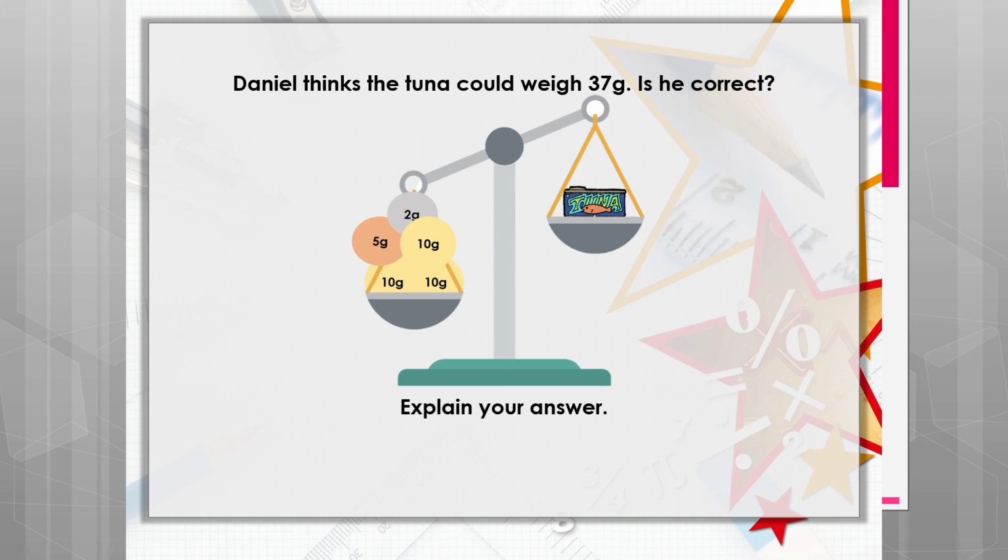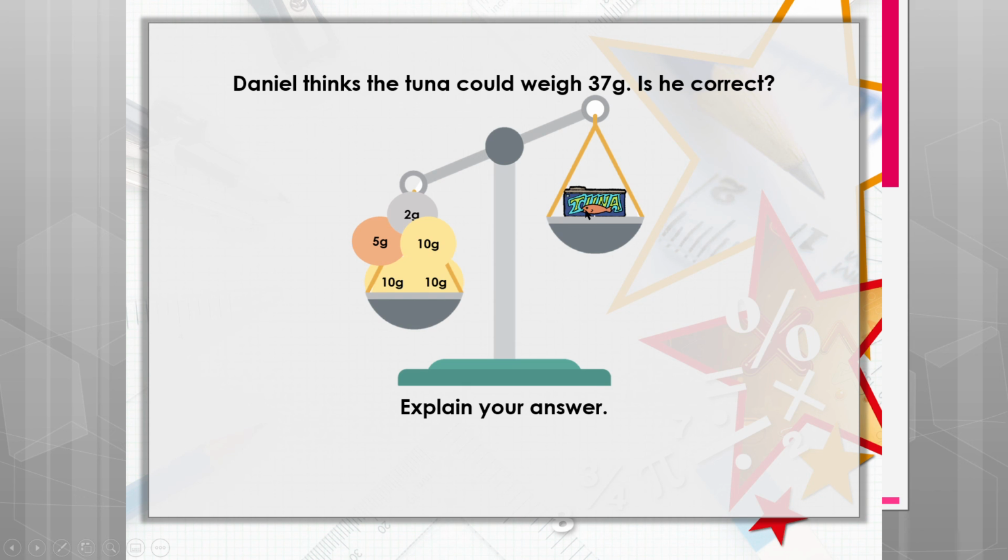Okay, so now I'm going to tell you the answer. Here, 2 grams plus 10 grams plus 10 grams plus 10 grams plus 5 grams is equal to 37 grams. Daniel thinks the tuna could weigh 37 grams, but the tuna is lighter than 37 grams. You can see on the scale that 37 grams is heavier than the tuna.